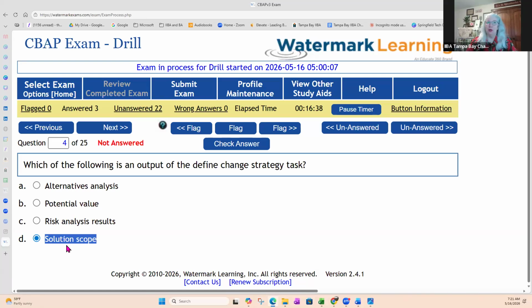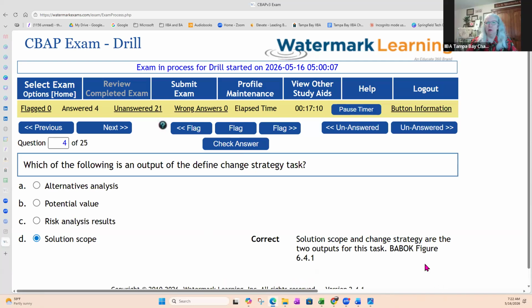Change strategy is one of its outputs, but there's another one on this list. I've got one vote for D. Go ahead, Gabrielle. I would say it's more the A or the B. Okay. Let me check D and then we'll check A and B.